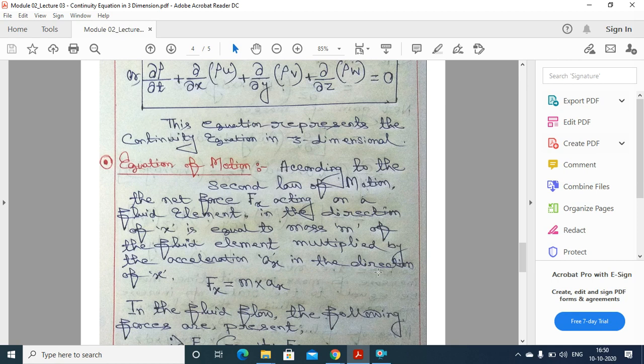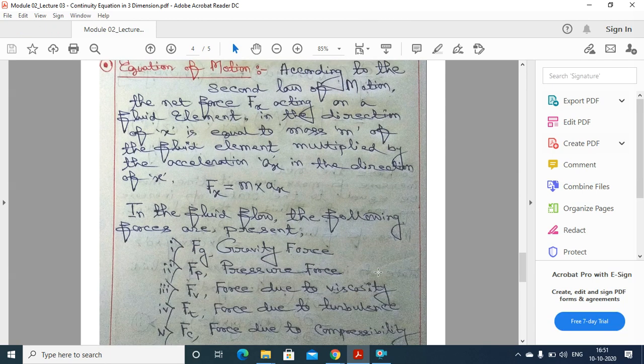Actually, we know that force is equal to mass into acceleration. So Fx is equal to m into ax.